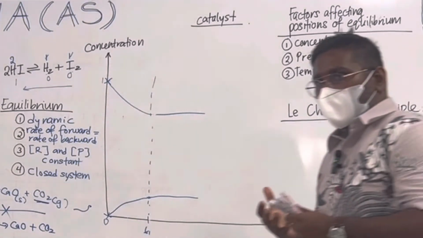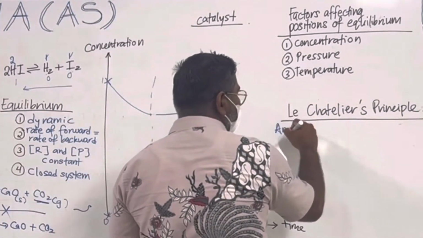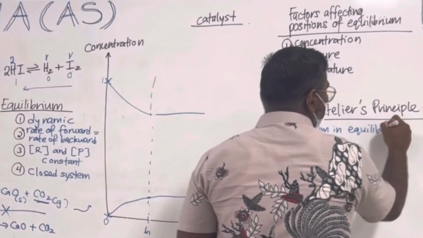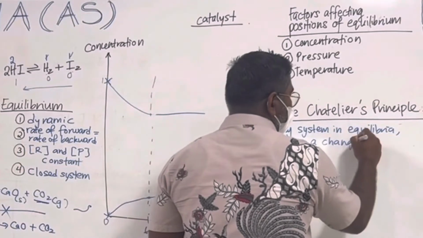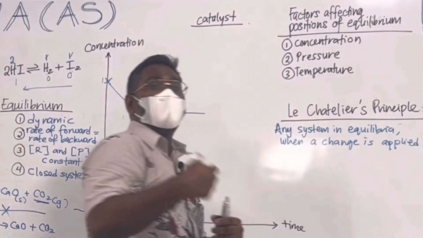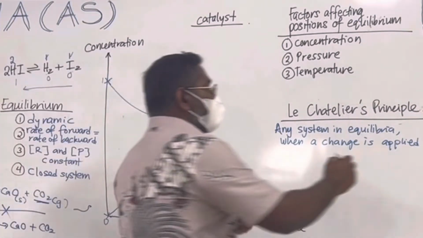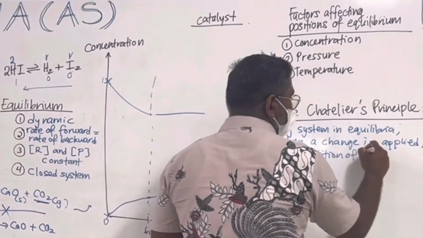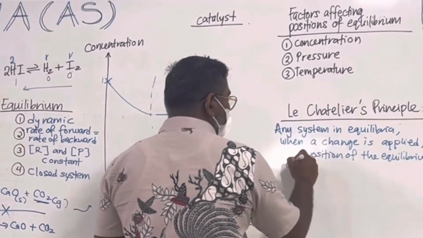According to this principle, any system in equilibrium, whenever there is a change being applied to the system or to the equilibrium, the position of the equilibrium will shift.